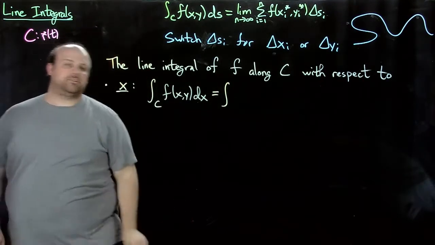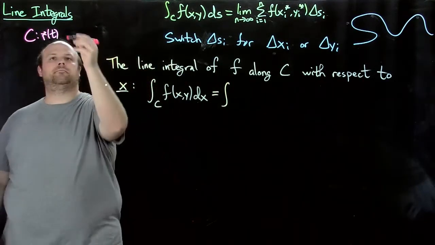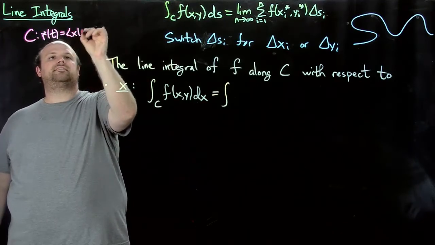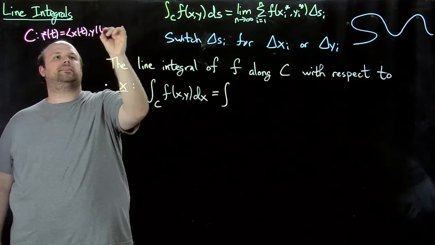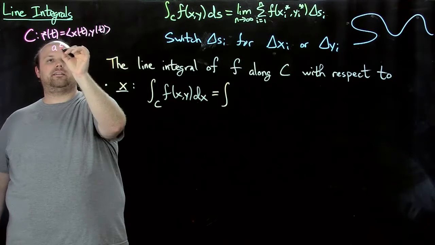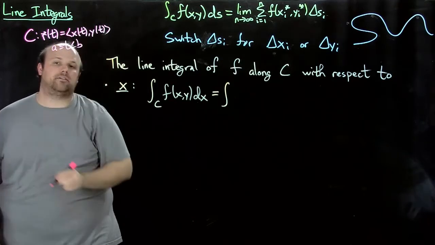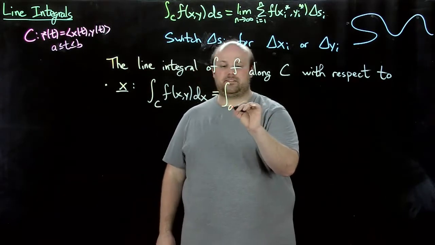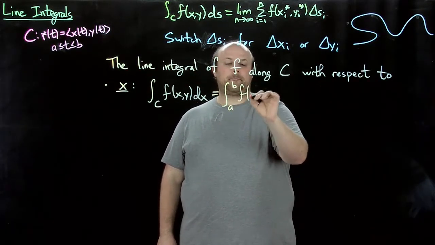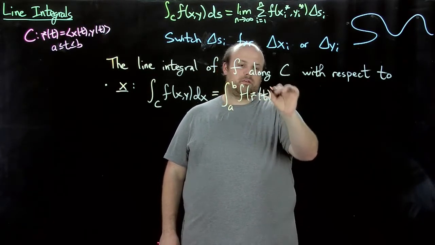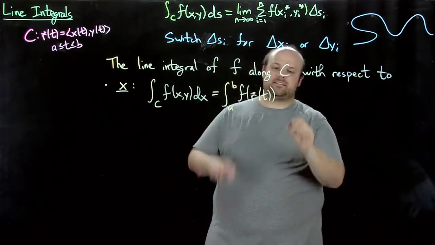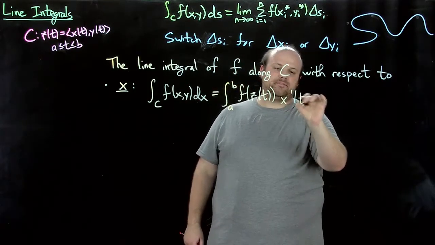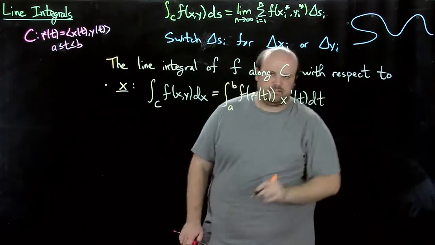I'm going to just pick a generic r of t, of course, but I want to say this is x of t, y of t, and that t goes from a to b. Because now I can write this integral down like this. Right? But the dx, that just becomes x prime of t dt.